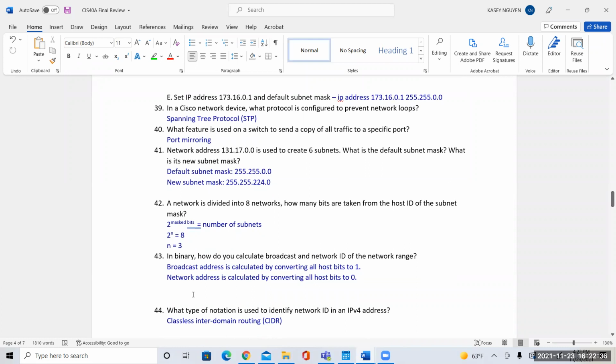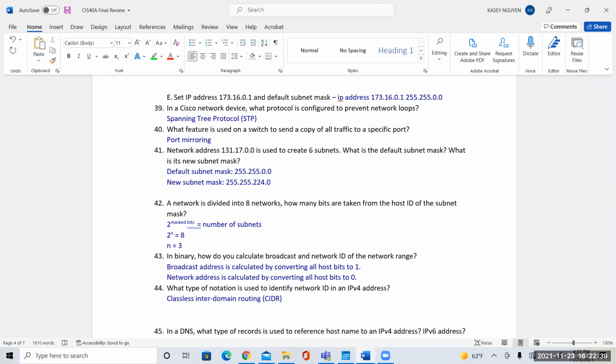Okay, 44. What type of notation is used to identify network ID in an IP version 4 address? That's called CIDR, and that stands for classless inter-domain routing. And it would be something like 173.16.0.0. It can be slash, right?